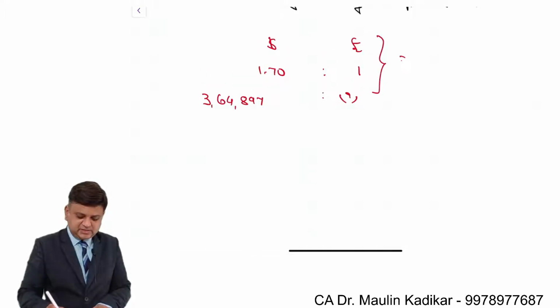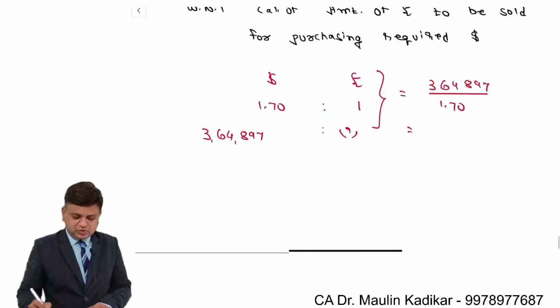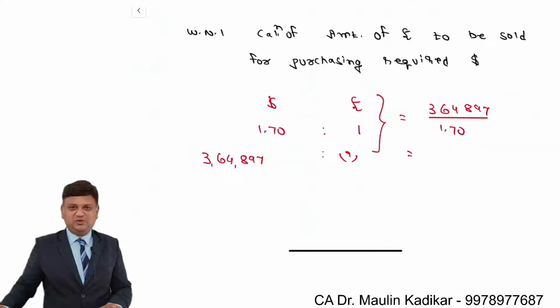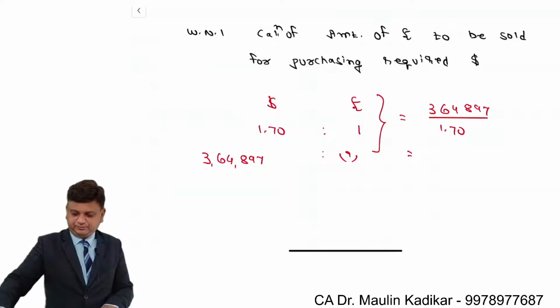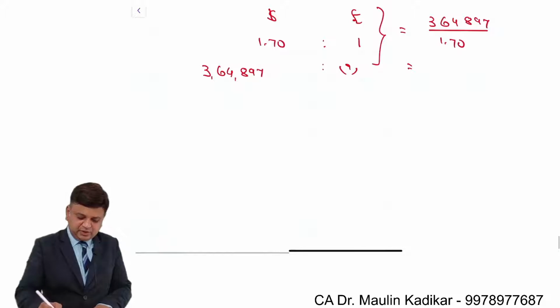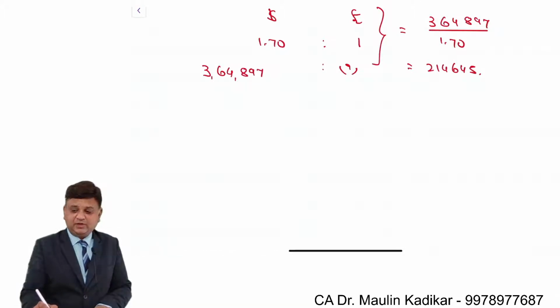So we understand that this is the amount of the pound which is required to be sold. 3,64,897 divided by 1.7. So this is 2,14,645.29 pound.